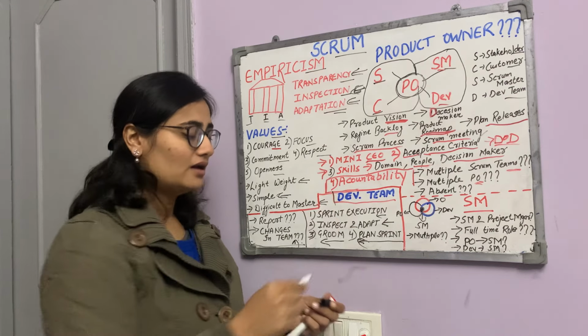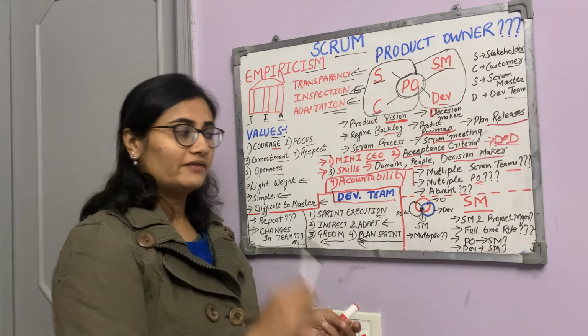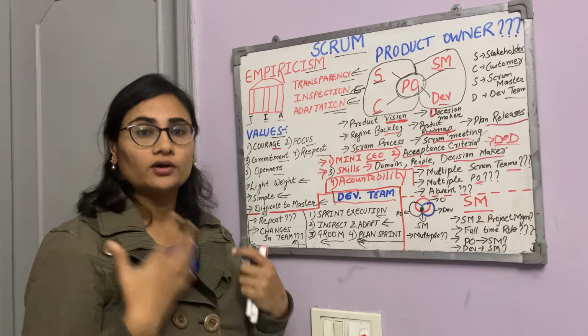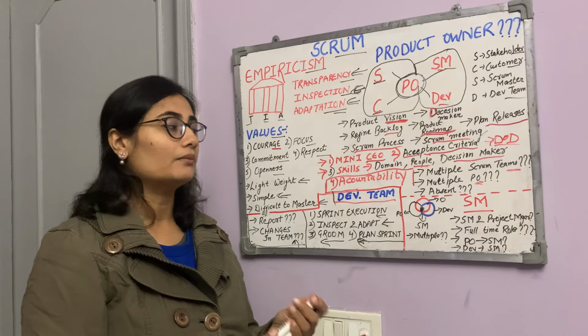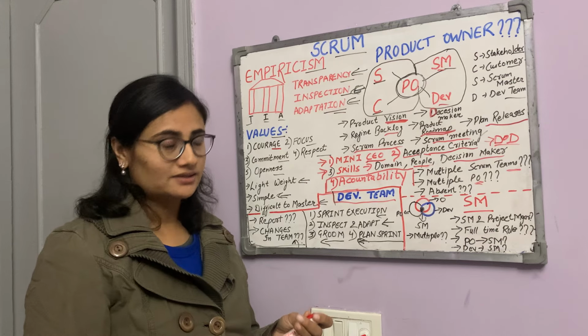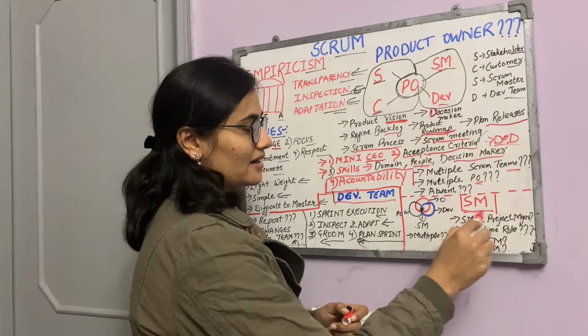So this is another important role which we have just discussed, the development team. The third important role which we have in Scrum is the Scrum Master. So who is the Scrum Master?